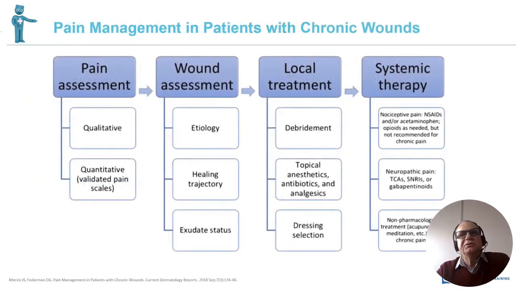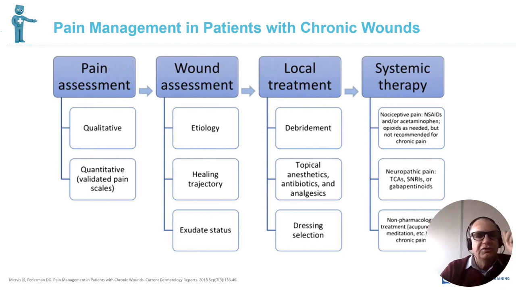So the pain management in patients with wounds needs to be governed, as we said, by means of consulting the pain management team. If you don't have a pain management team, sometimes you will find anesthetists that are quite well versed here in this type of care, but ideally you would have a pain team that will come and look at the therapy that needs to be provided.